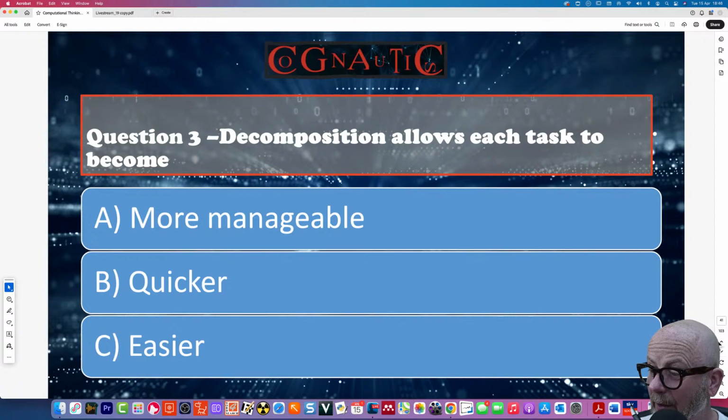Okay, and the answer is, slide 42, the answer is more manageable.